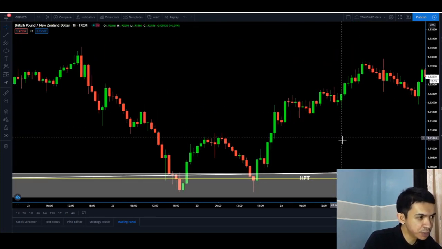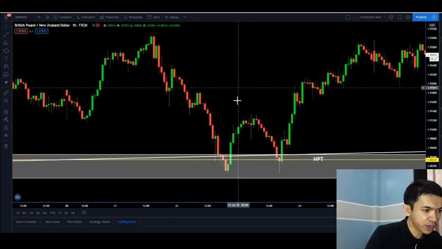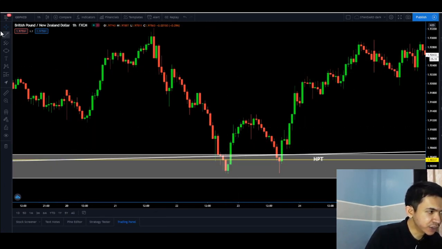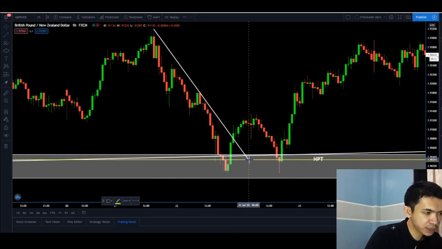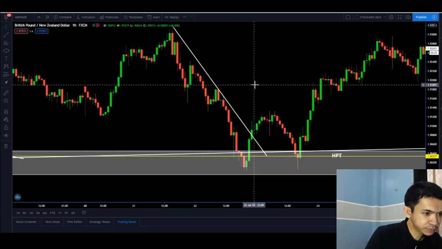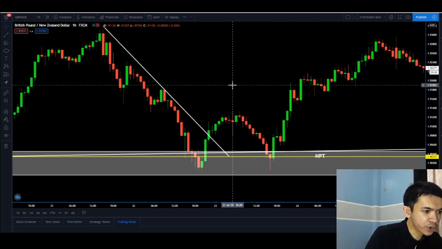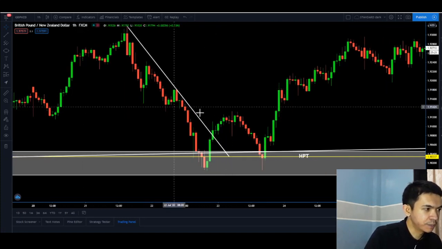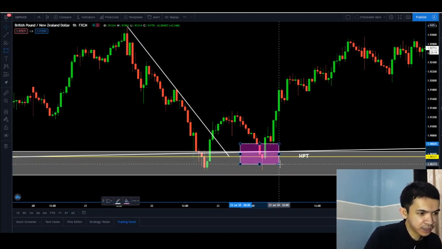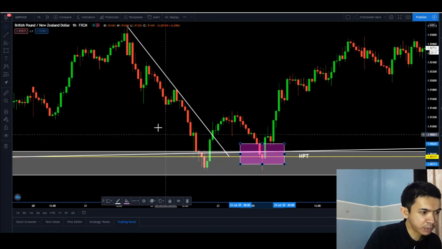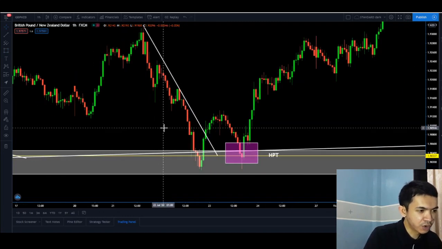Same process, right? If I know the price was here, I saw a trend line break. So where is now my high probability trade stop? Is it going to be here? Right now, we can also draw another high probability trade area or zone.